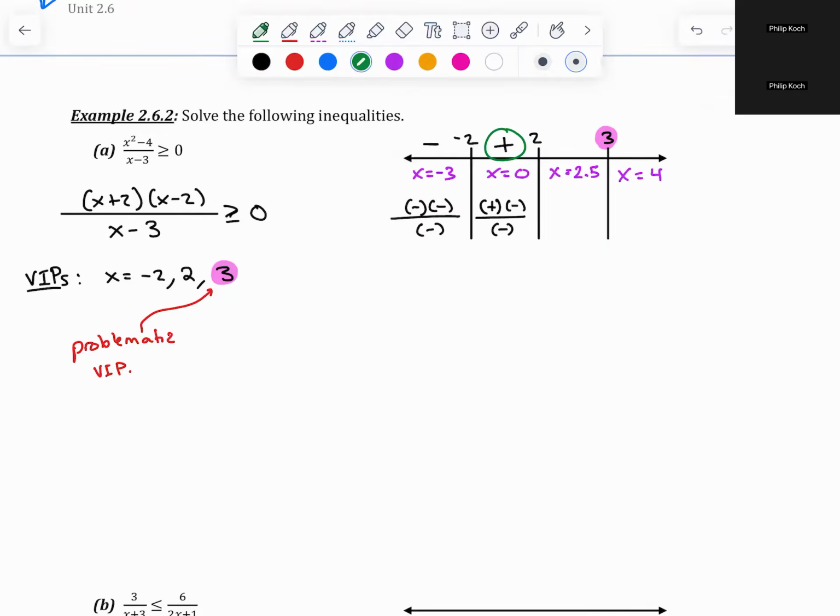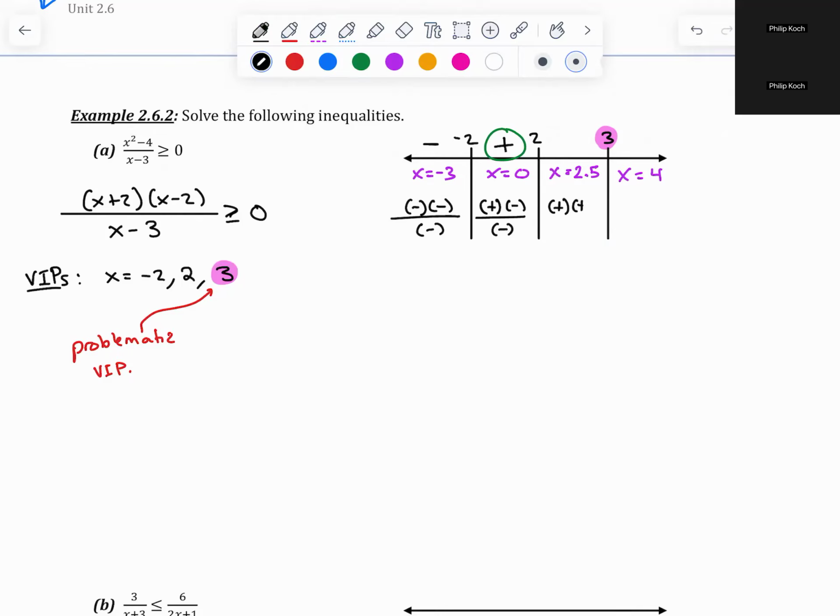I do this in the exact order that I see it. Because I wrote x plus 2 times x minus 2, the first factor, the top left factor, will be positive, because 0 plus 2 is positive, 0 minus 2 is negative, and 0 minus 3 is negative. Next one, 2.5. The first one will be positive.